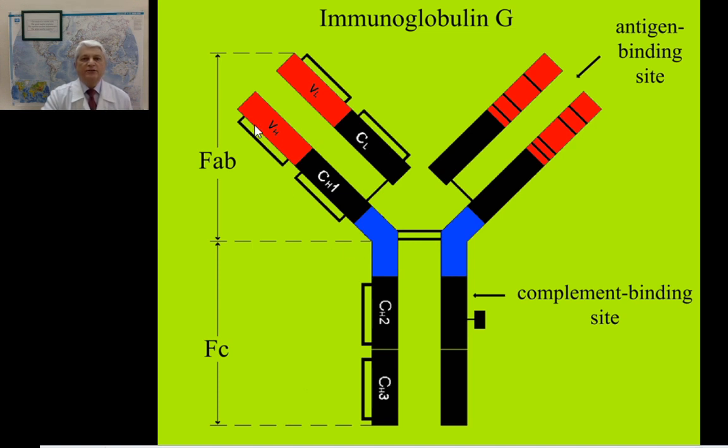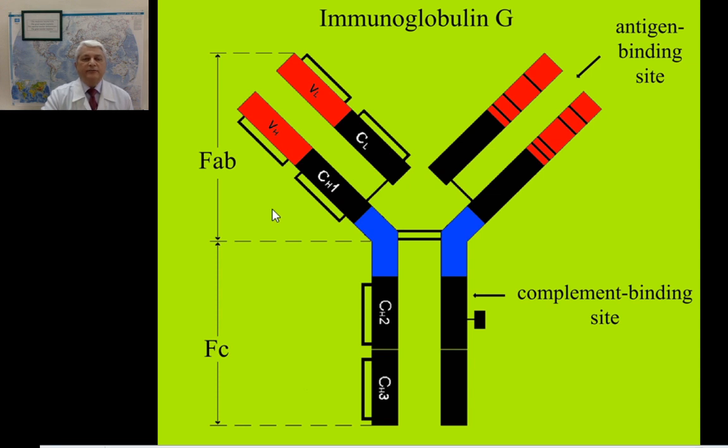There are also such disulfide bonds inside of each domain. On other pictures, which I shall show you a little bit later, you will see the position of these disulfide bonds inside of the domains.